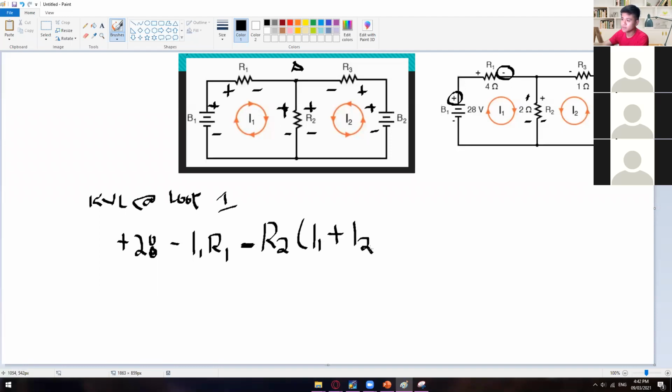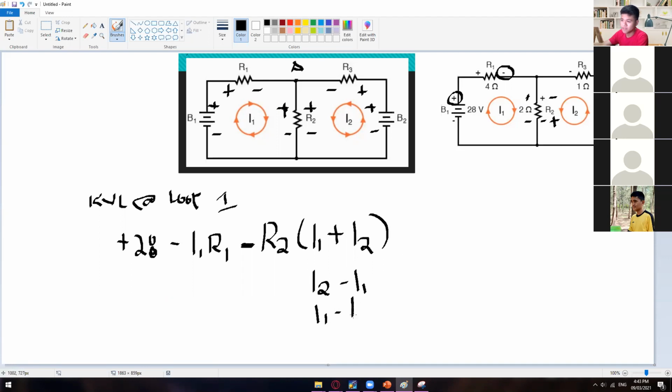So I1 plus I2. Now, if we have different symbols, like for example, negative and then the other one is positive, then that's the time that you have to change this one into I1 minus I2. So if we have contradicting symbols in your intersecting part, that's where you will have a problem, because you're not sure if that one is I2 minus I1 or I1 minus I2.